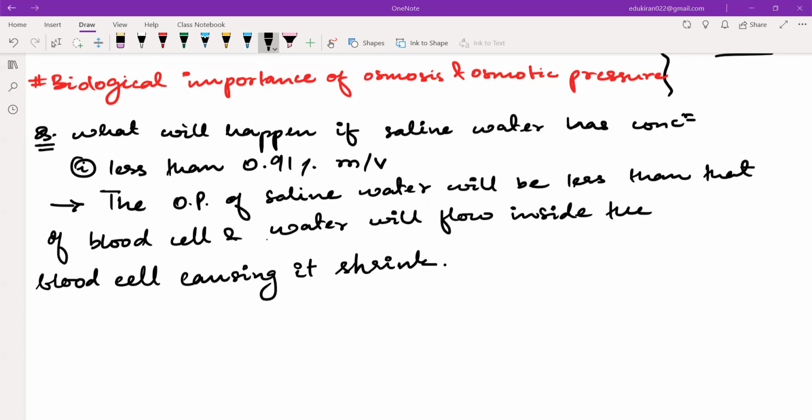Is that right? Yes or no? Please tell me. Oh, sorry. It will not shrink. If it is flowing inside, I should have written swell, not shrink.